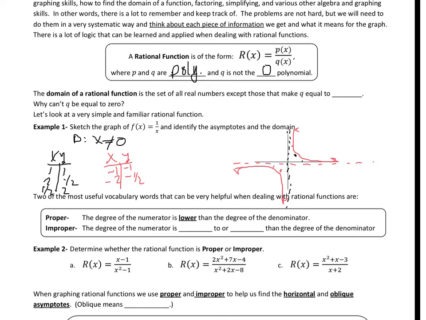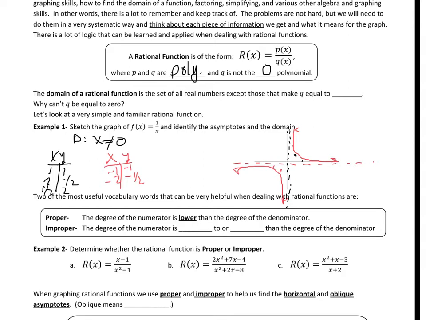A couple words here again. The word proper in this case means the degree of the numerator is lower than the degree of the denominator. And an improper rational expression is where the degree of the numerator is greater than or equal to the degree of the denominator.